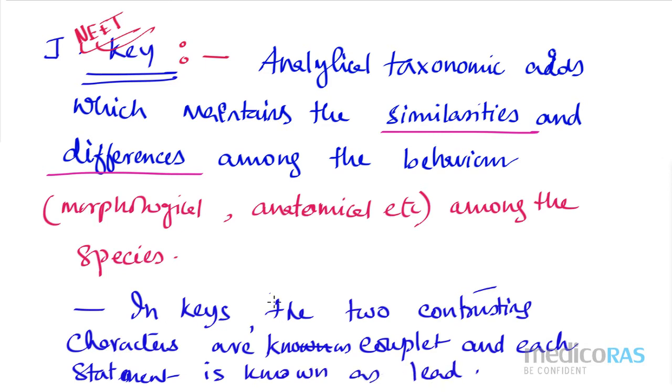So two things we have. One is couplet. Couplets are the contrasting information, contrasting character, and for that contrasting character, whatever statement you have given, that statement is known as lead. So these three words we need to know: key, couplet, and lead.